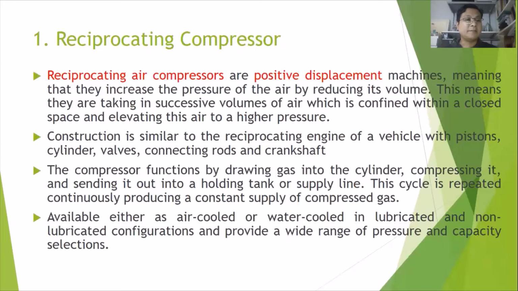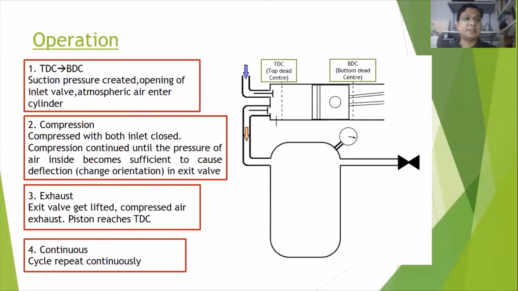And then the last one, available either as air-cooled or water-cooled, in lubricated and non-lubricated configuration, and provides a wide range of pressure and capacity selection. So actually the reciprocating compressor involves two conditions, lubricated and non-lubricated systems. This is the operation of a reciprocating compressor with TDC and BDC.